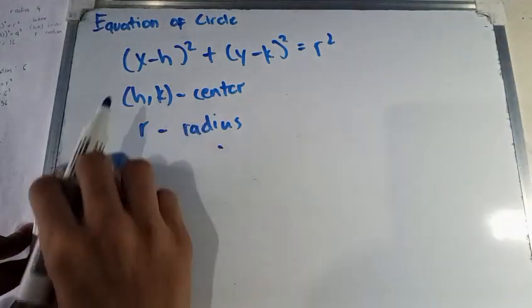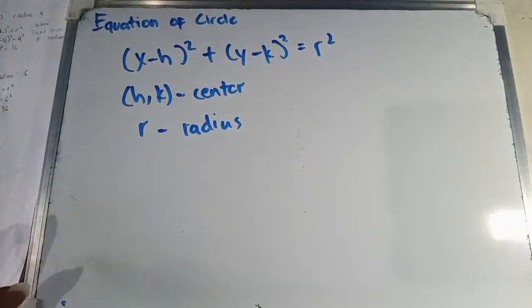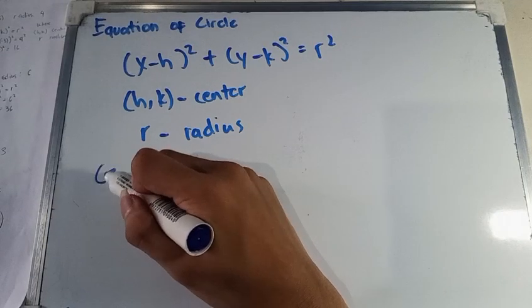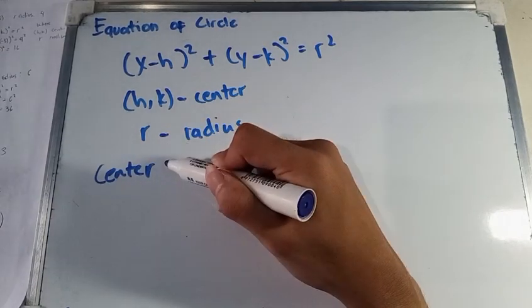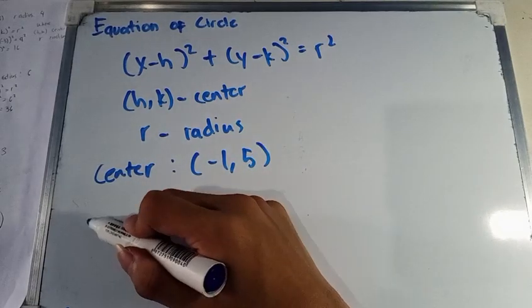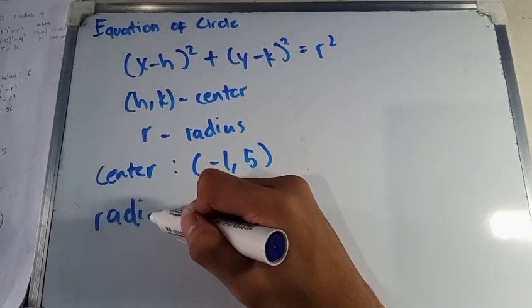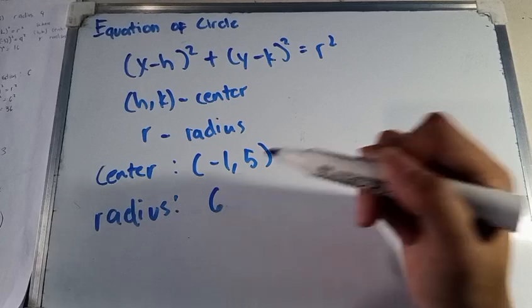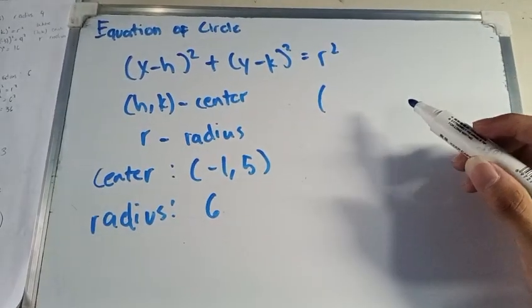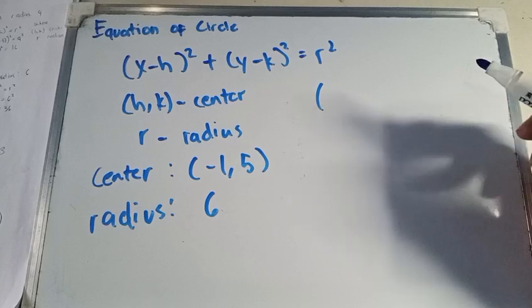So what if we have a circle which has a center of (-1, 5) and a radius of 6? Same process. We just input the values of h and k, then r.